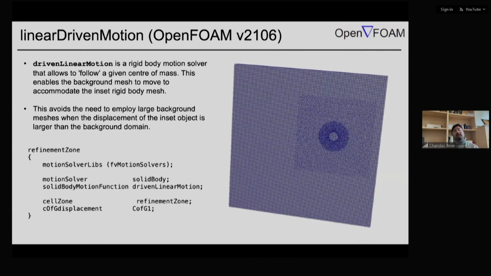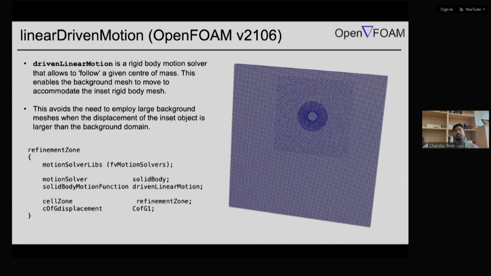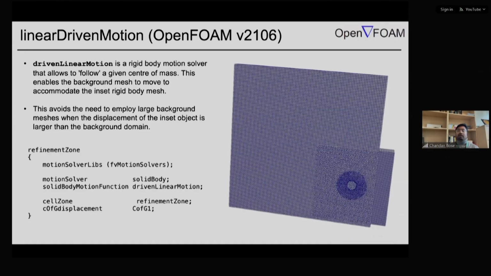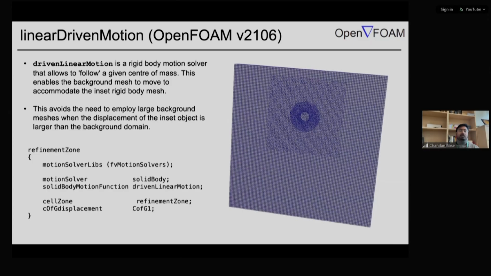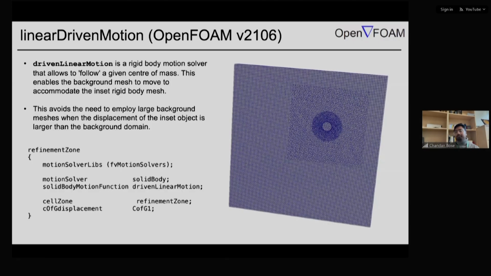Now, if you want to capture the flow around that, your computational domain has to be ideally infinite, which you cannot do. So for that kind of very large computational domain, we cannot afford to have very fine cells all throughout the domain. So we define a separate refinement zone around the body that we need to capture, and then move that refinement zone along with that body.